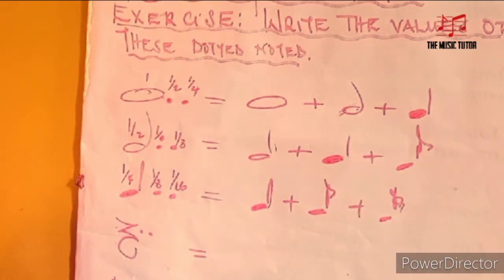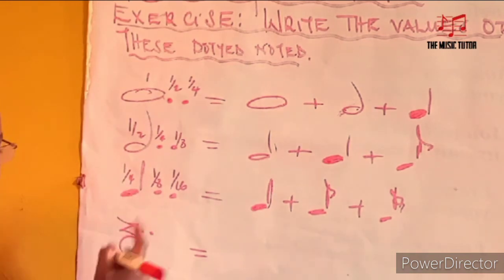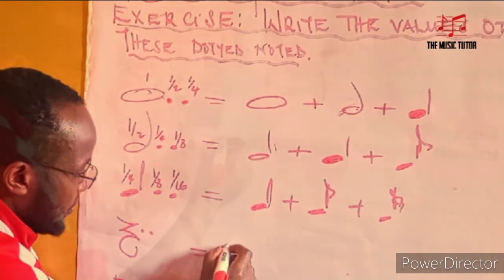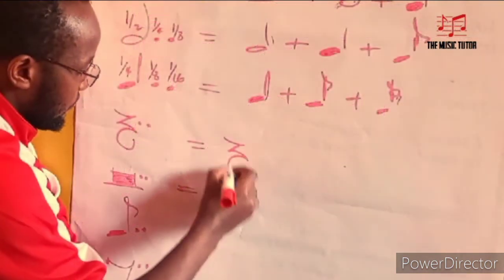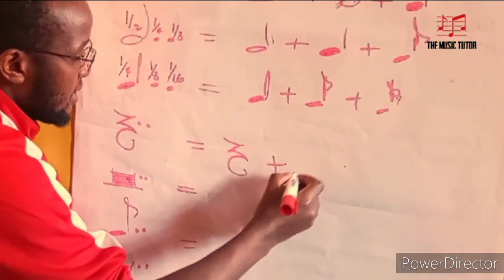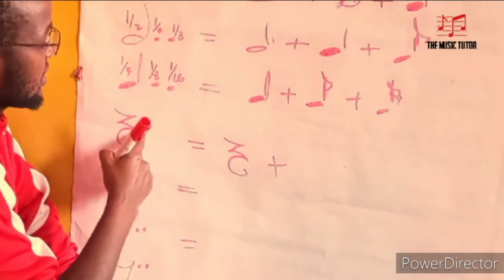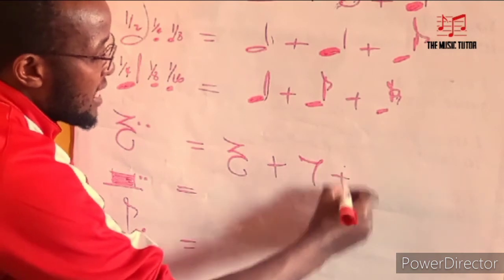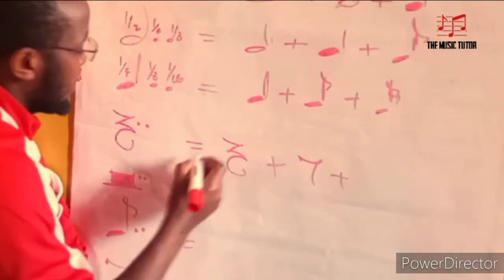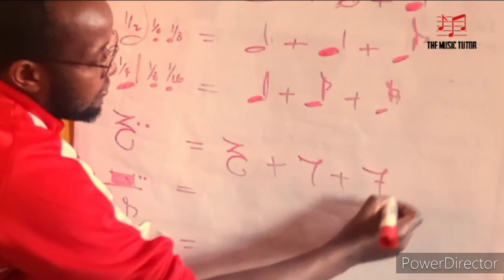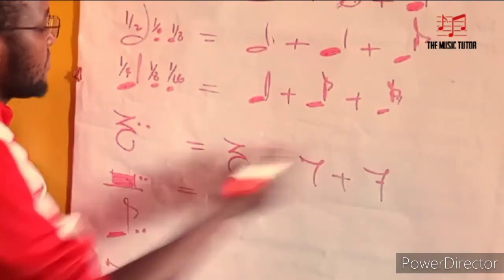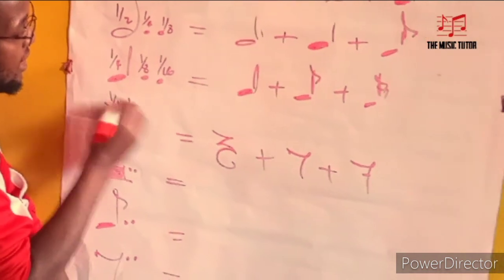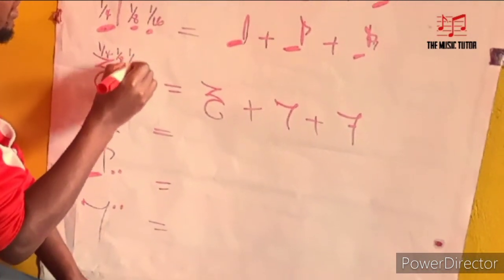This is the rest value of a crochet double dotted. Should be plus the rest of a quaver plus the rest of a semi-quaver. I know you know the reason why, because these are quarter rest, this should be an eighth rest, this should be a 16th rest.